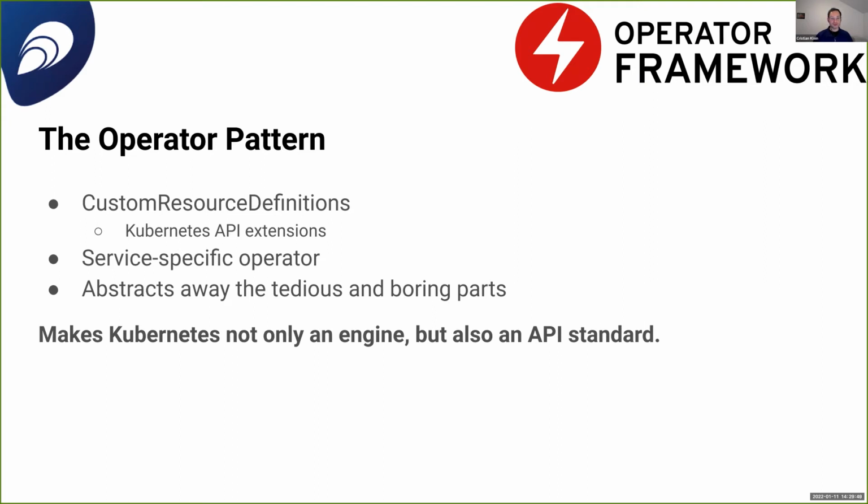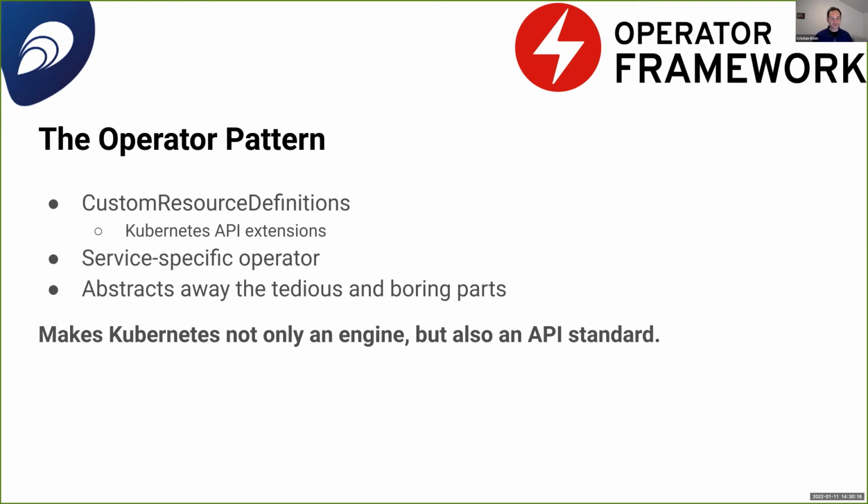Then you can define a service-specific operator, which pretty much abstracts away the boring and tedious parts of setting up a database cluster or setting up a message queue cluster and things like that. And in that case, you can imagine Kubernetes as not only a container orchestration engine, but also as an API standard. So how do I define my APIs around setting up additional services?